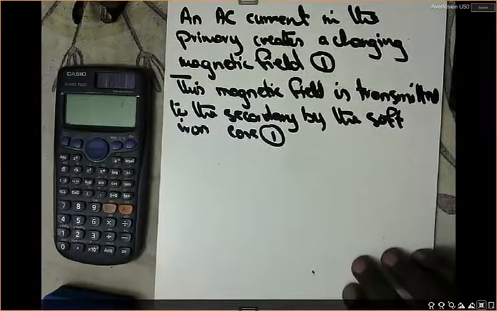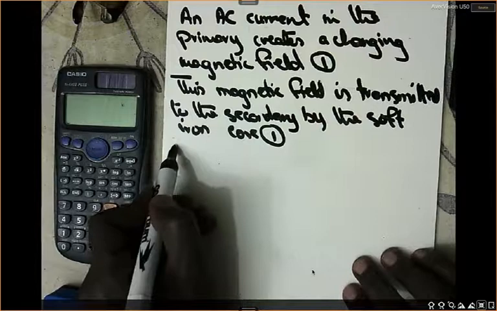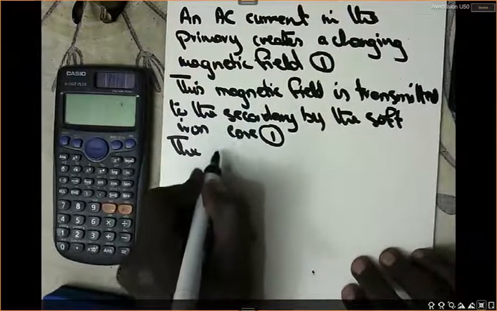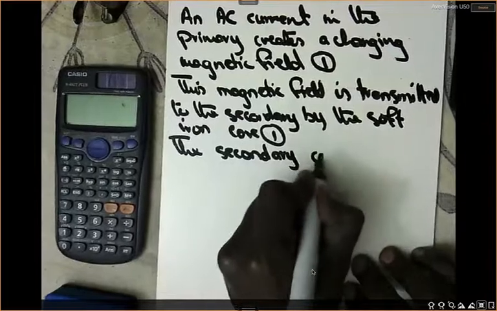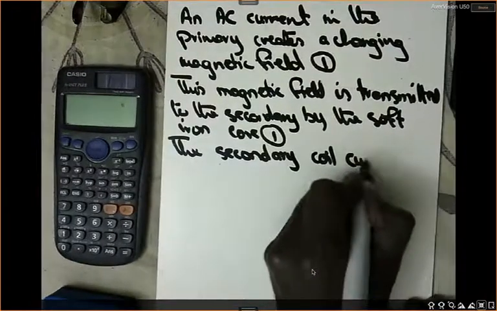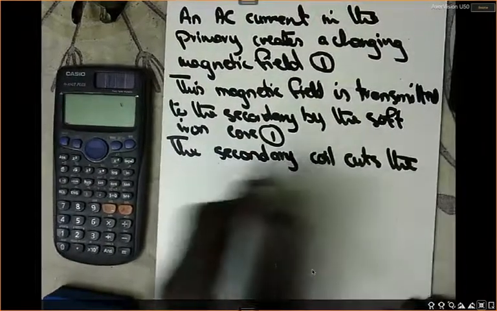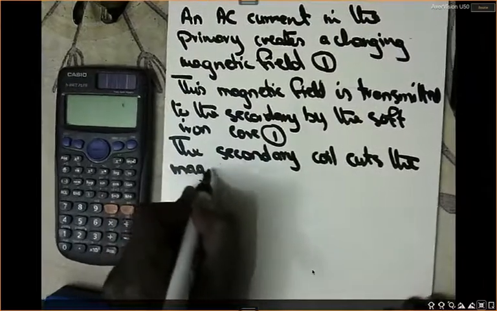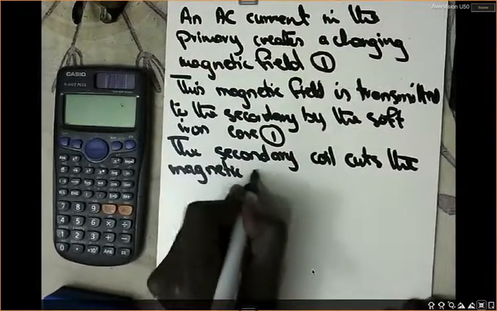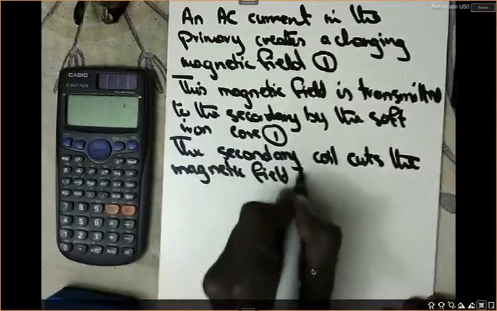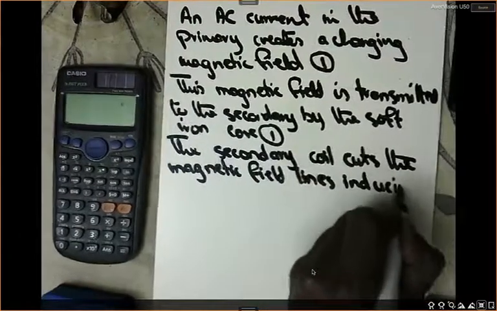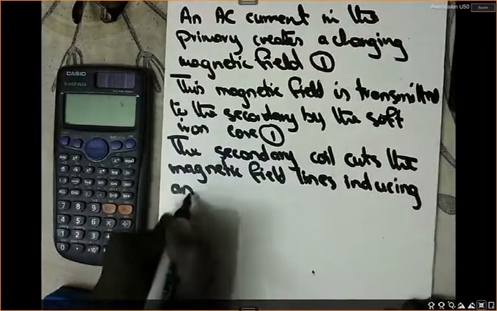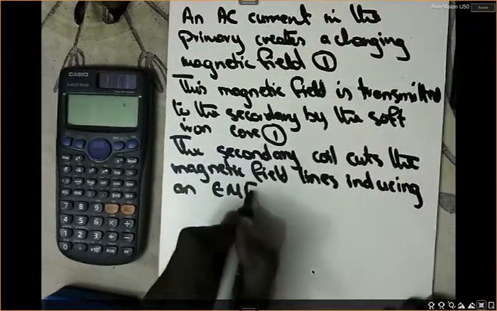Okay? The secondary coil cuts the magnetic field lines, inducing an EMF.